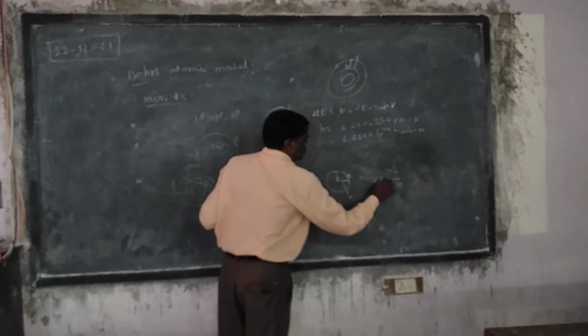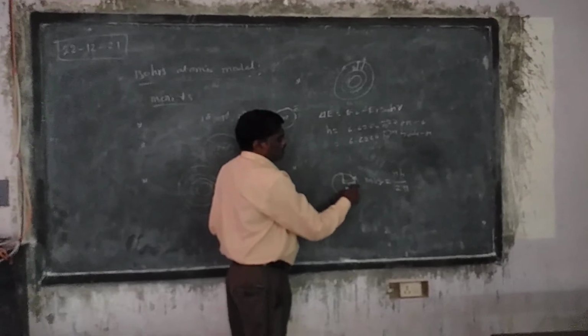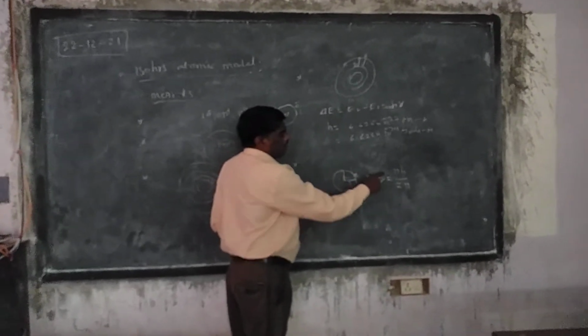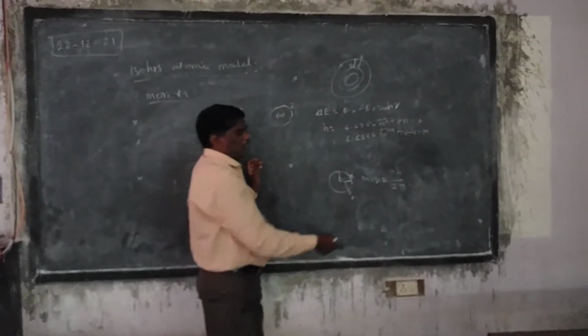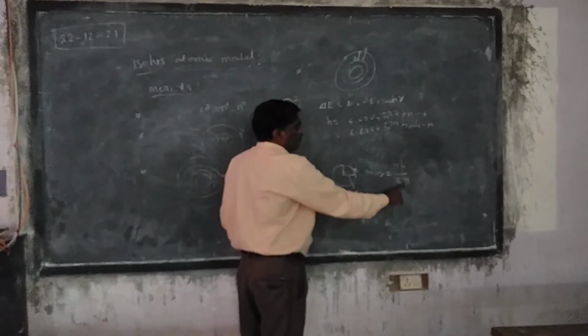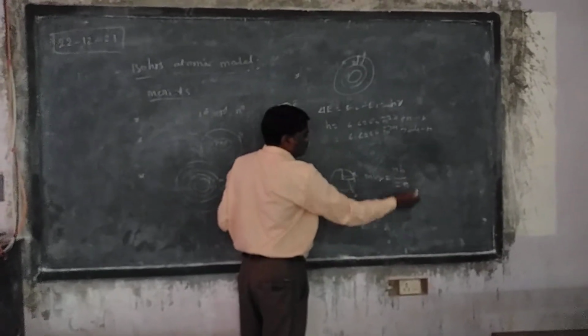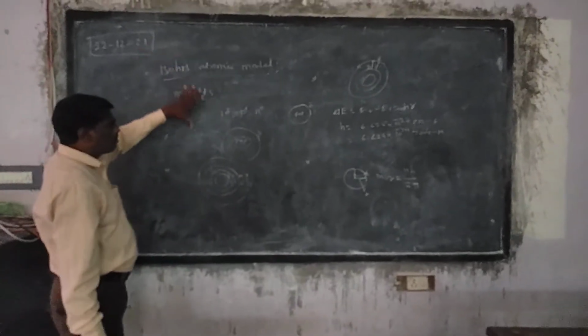Here m means mass of the electron, v means velocity of the electron, r means radius of the orbit, n means which shell, that is K, L, M, N, h means the Planck constant, and pi means 3.14. So these are the merits of Bohr's atomic model, in these four points.